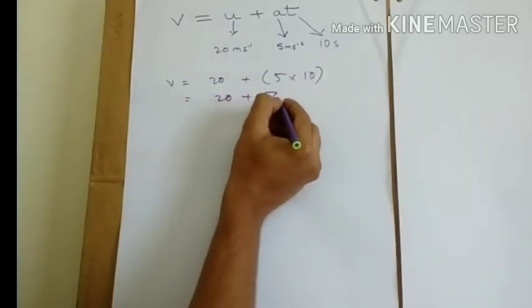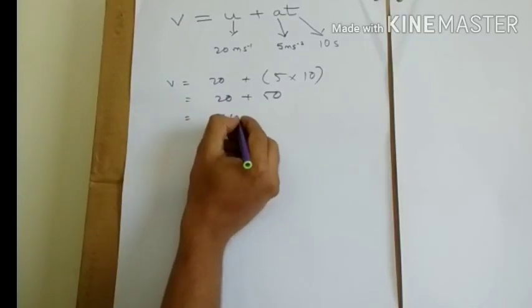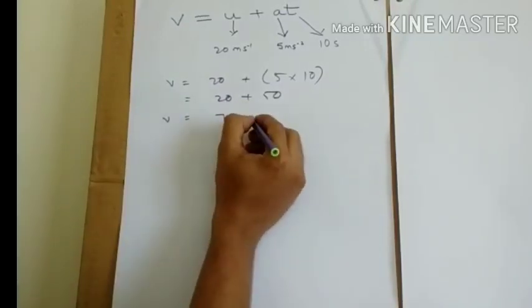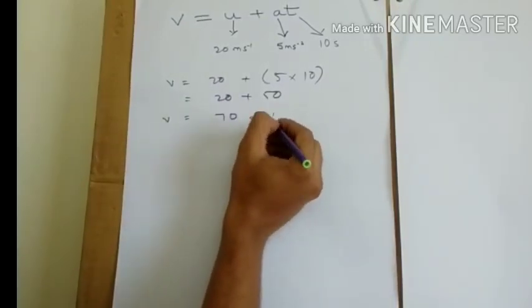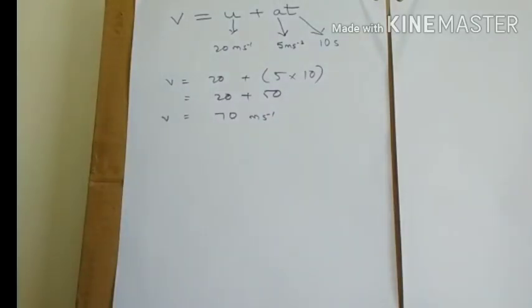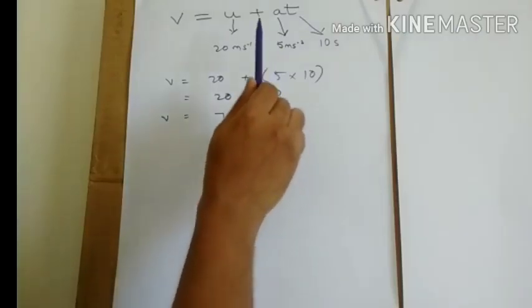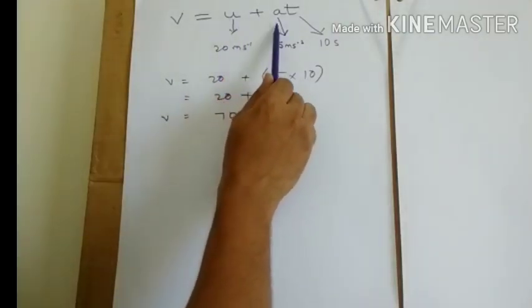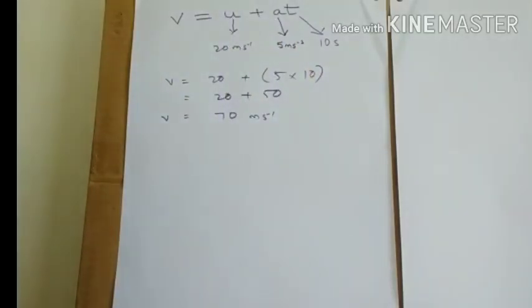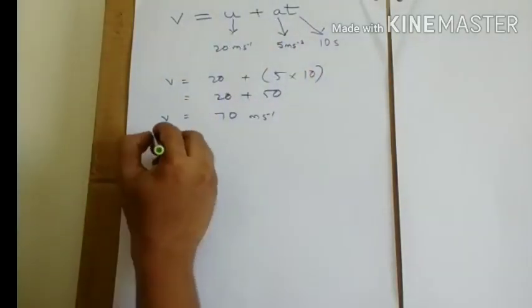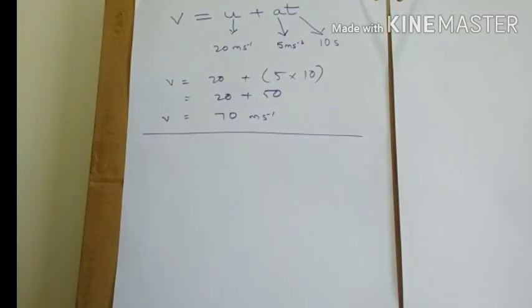So 20 plus 50 will be 70. As we have found, the velocity is 70 meter per second. So if we use the first equation of motion, we can find out the final velocity of an object if we have the initial velocity, acceleration and time. Making sense? This is how we are going to use the first equation.